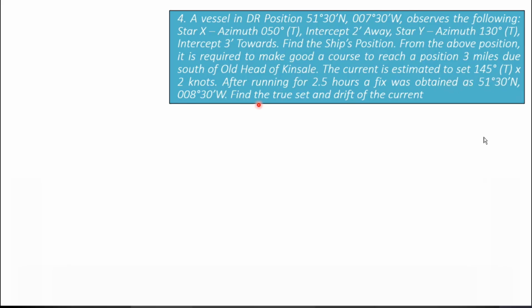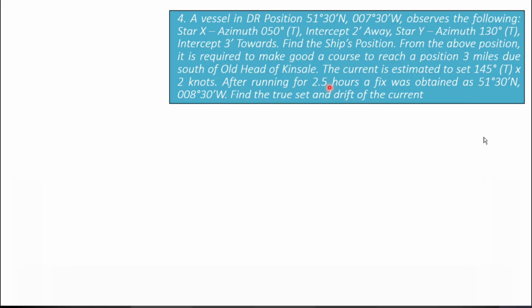Now, after running for 2.5 hours, a fix was obtained, and that fix was 51 30 north and 008 degrees 30 minutes west. Find the true set and drift of the current. Now you see, the set and drift given to us in the question is the estimated set and drift.